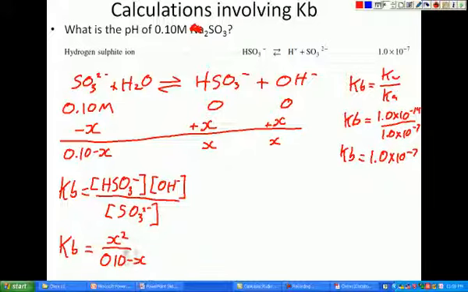Okay, now for the 0.10 minus x, just like before, we're going to assume that 0.10 minus x is equal to just 0.10. So I'm just going to write assume here.